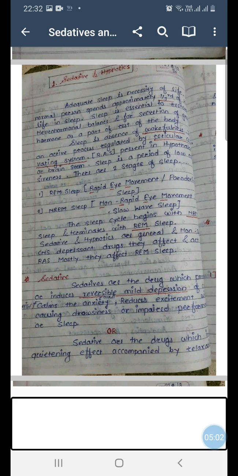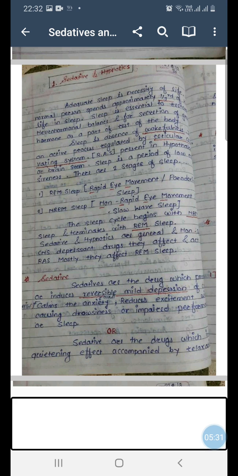See, adequate or sufficient sleep is a necessity of life, a requirement of good health, because during sleep your body gets rest.